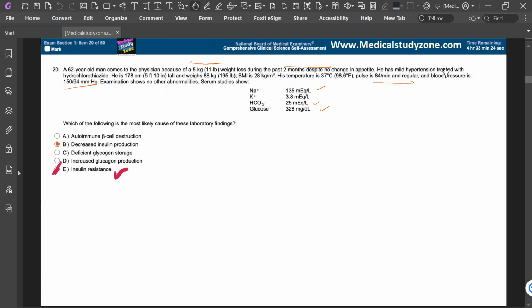Treatment includes lifestyle modification, oral anti-diabetic medication, and occasional insulin injection based on the patient's response. Given this patient's age and subacute progression of hyperglycemia, the most likely cause of this patient's labs is insulin resistance. Okay. Next.